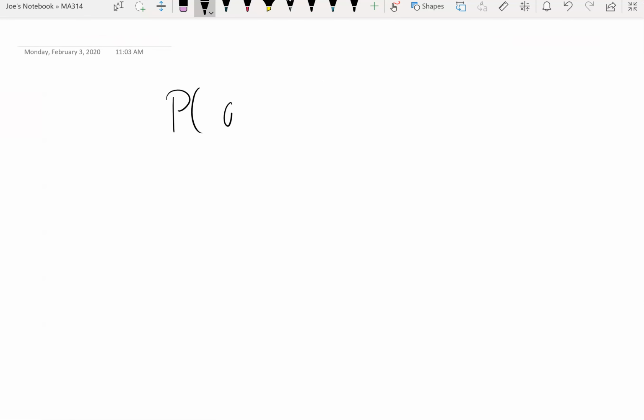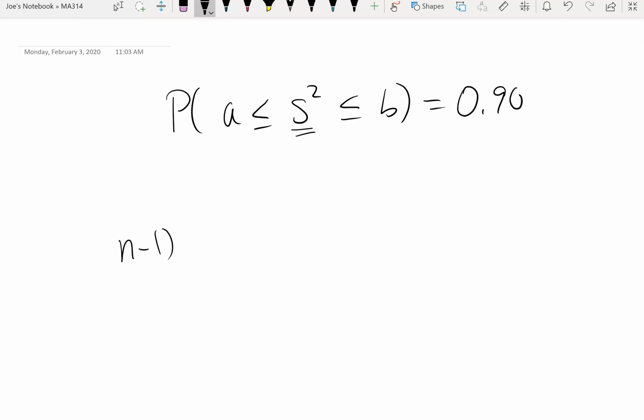you want the probability that you've got the S squared in between two values is 0.9. All right, so the idea is that I don't know the distribution of S squared by itself, but I do know that if I do n minus 1 S squared over sigma squared, what is that? Chi-squared of n minus 1, right?